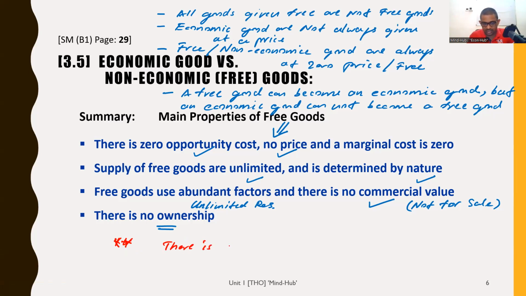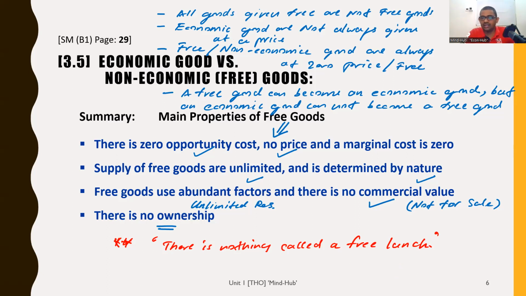There is nothing called a free lunch. I know it seems all of a sudden that we went somewhere else. So what is this famous saying in economics? There is nothing called a free lunch. Very famous saying.